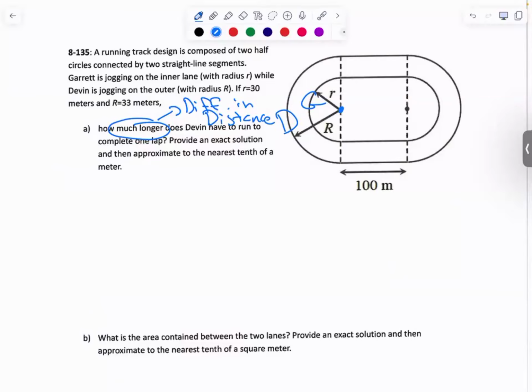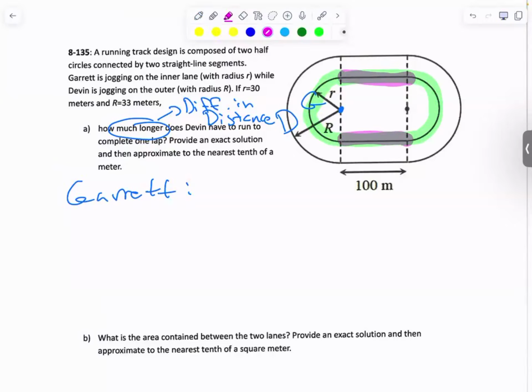Now, here's the deal. Let's start with Garrett. We'll get a little highlighter here. We'll use green for St. Patty's Day. You'd agree that's Garrett's path, right?